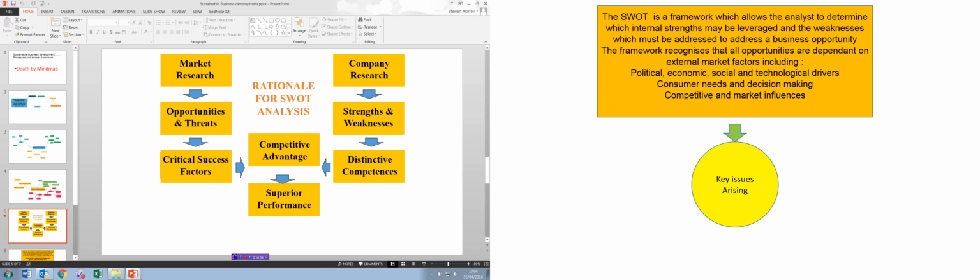Now, as I've already said, your key issue statement is not about a little bit from everything that you've done in that linear process. It's all about the important stuff. Now, you're not going to be doing a case study for the exam, so you're not going to say, I've looked at this particular thing and the key issues are this, this, this and this. That's not what we're looking for you to do.